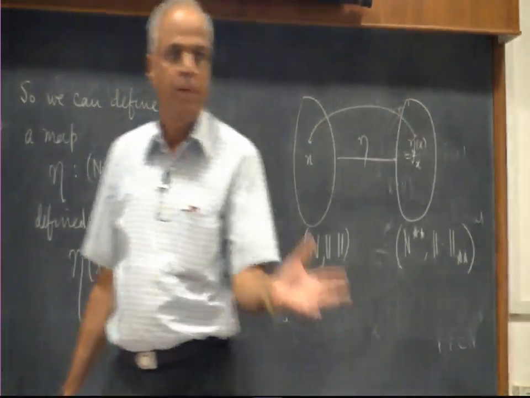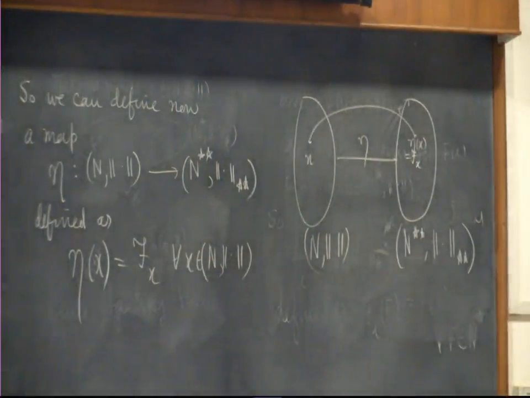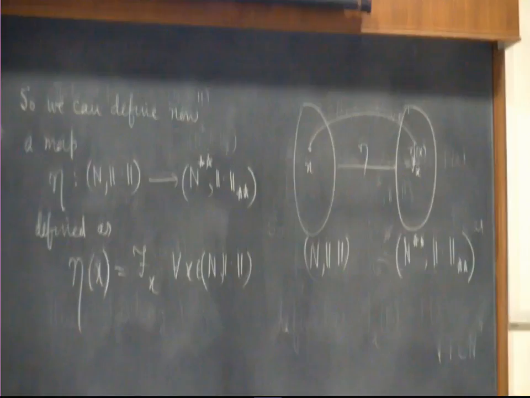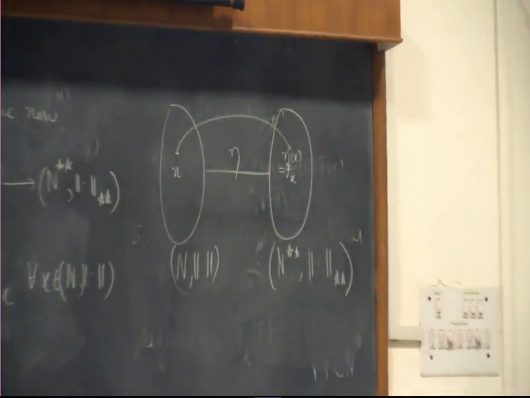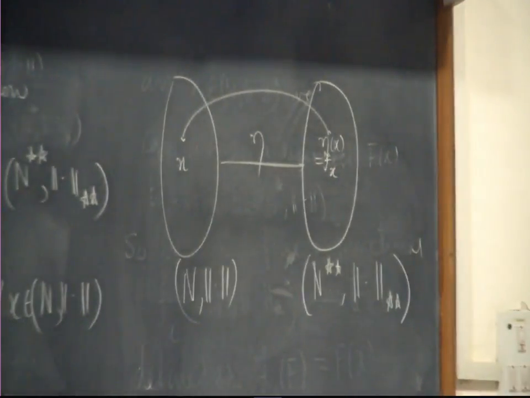Okay, so every element is now converted to an element there through this process. So this is some kind of a complicated translation of a word in n to a word in n double star.